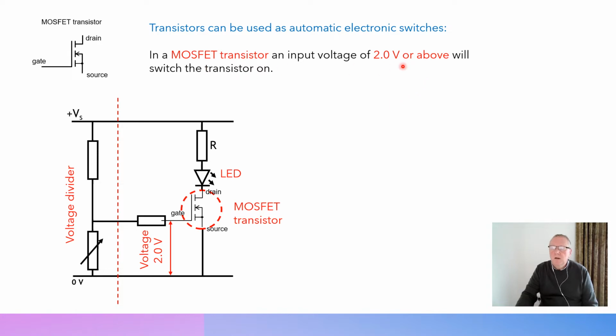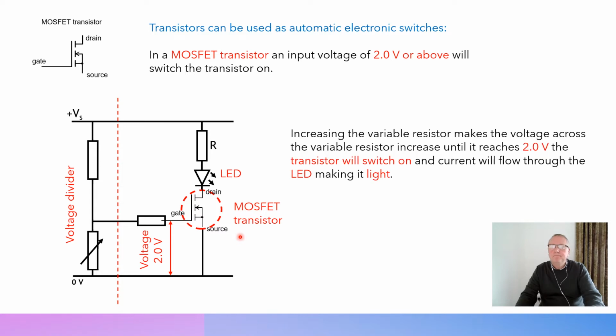For the MOSFET transistor, it's about 2 volts or above that will switch it on. In terms of Nat 5 physics, that's all you need to know. NPN switches on when it's about 0.7, MOSFET switches on when it's about 2 volts. That's all the learning outcomes you need about that.